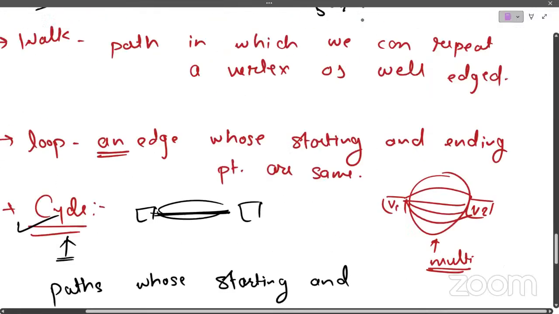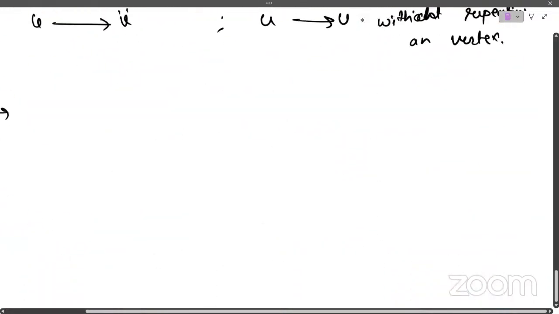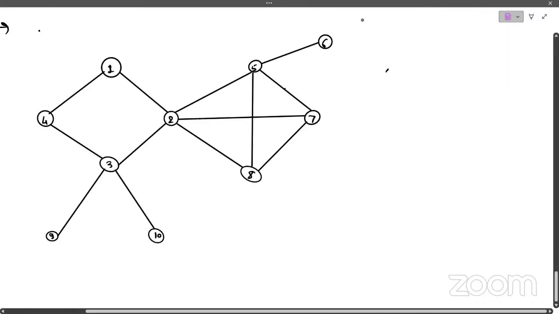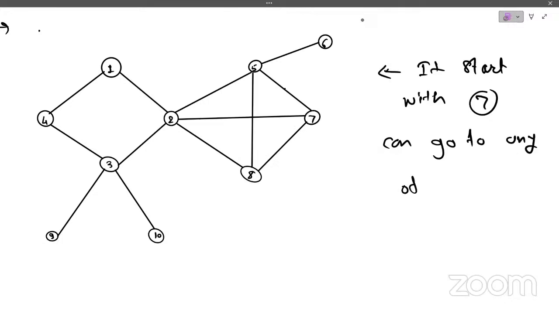Okay, so now we have another question. In this graph, if I start with 7, can I go to any other vertex via a path?